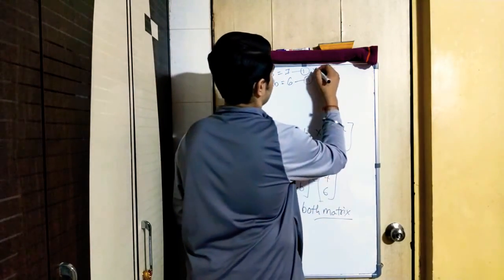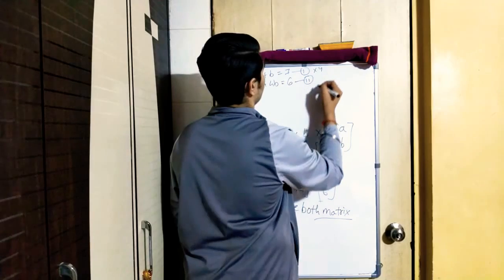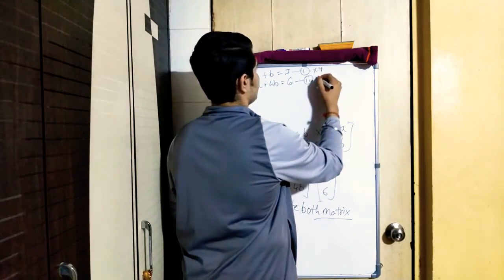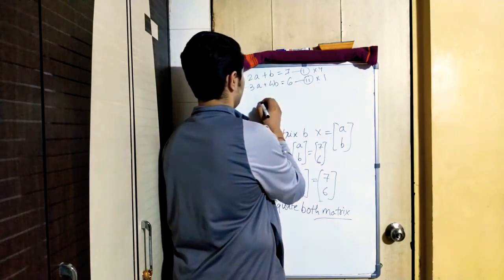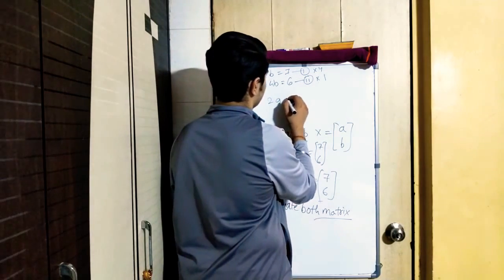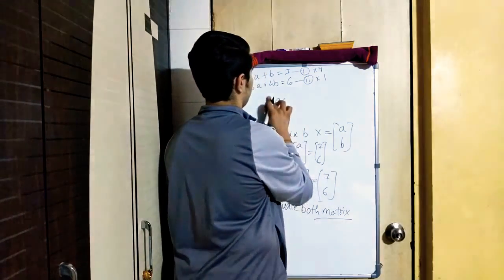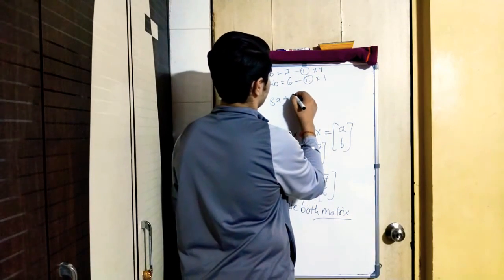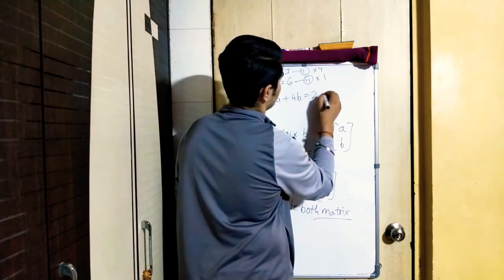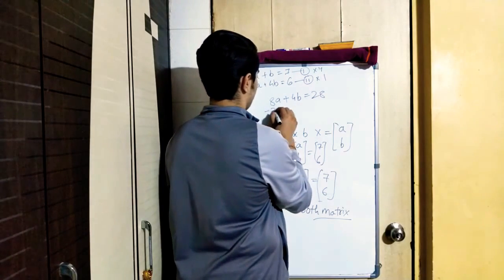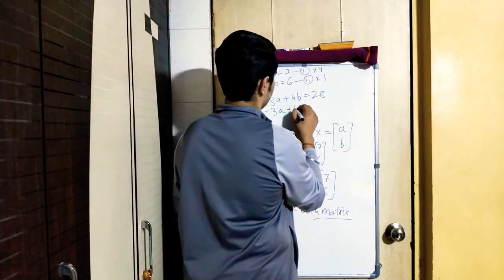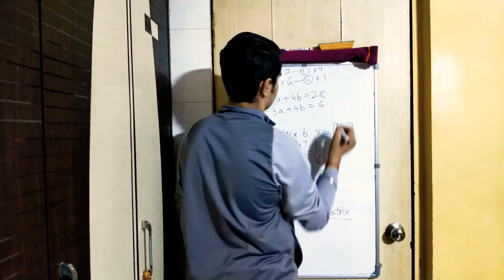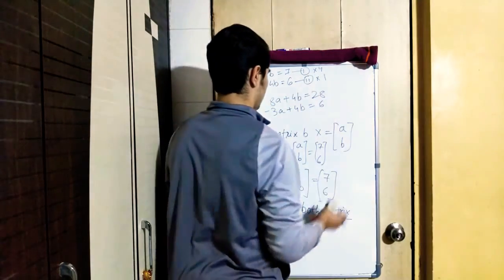So we multiply the first equation with 4 and the second with 1. So we get 2A, sorry, it's 8A because 2 into 4 is 8A plus 4B is equals to 28 and minus 3A plus 4B is equals to 6. I'm rubbing this also now.